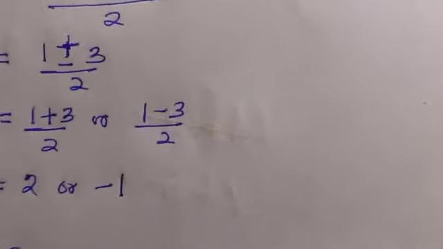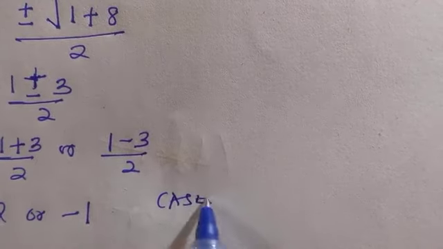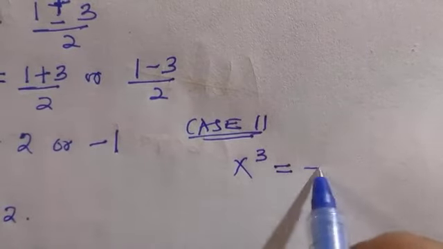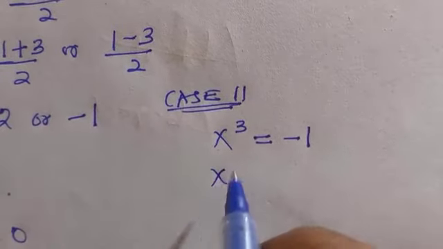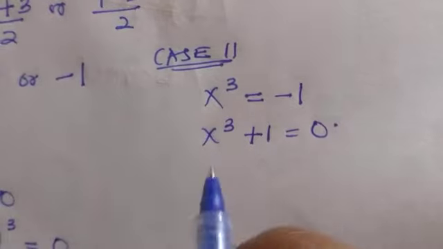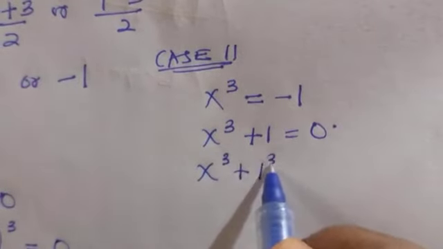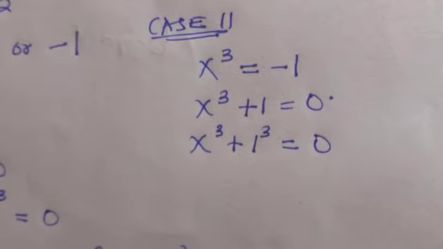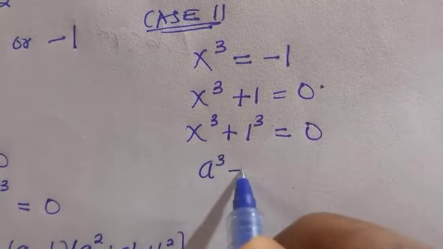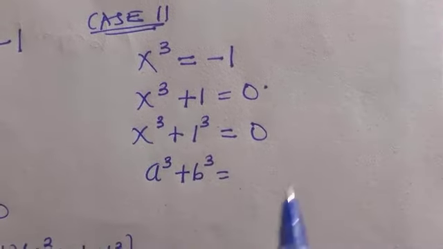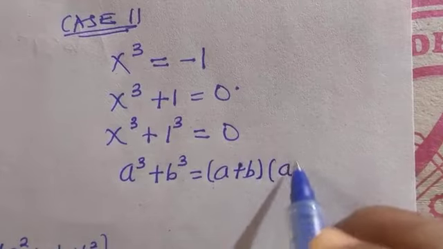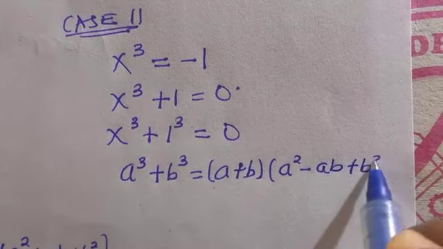While for the second case, which is x cube equals minus 1, you can also do that by saying x cube plus 1 equals 0. So you can write this as x cube plus 1 cube equals 0, and again, we are going to try this identity, which is a cube plus b cube equals a plus b bracket a squared minus ab plus b squared.